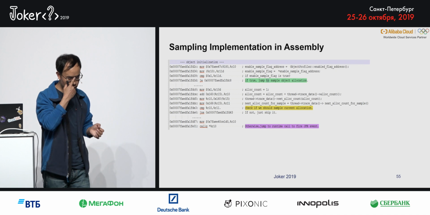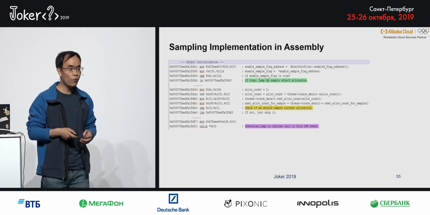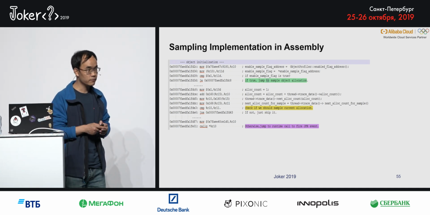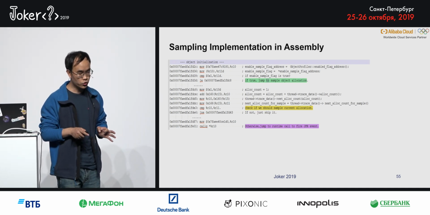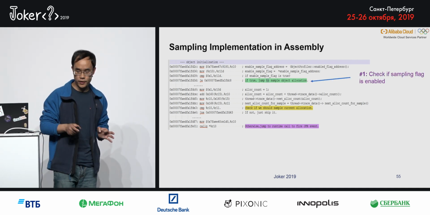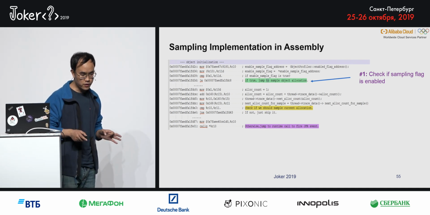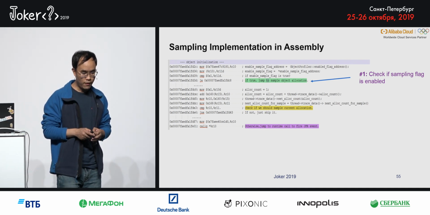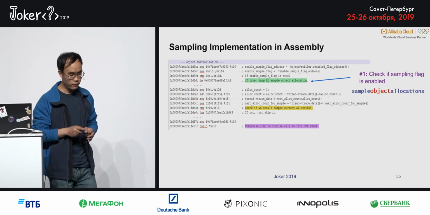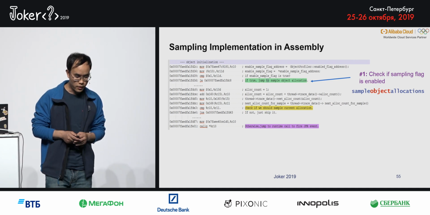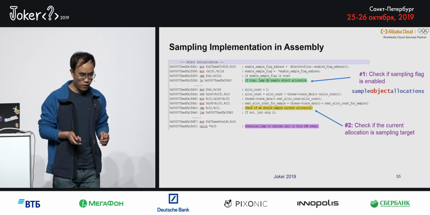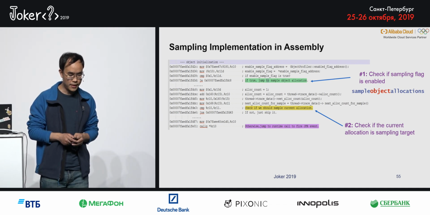So this is how we implement object allocation samples. This is a piece of pseudocode showing the skeleton of our implementation. Majorly, we have 3 steps. In the first step, we check whether the sampling flag is enabled, that is, the sample object allocation option. In step 2, we check whether the current allocation is a sampling target.